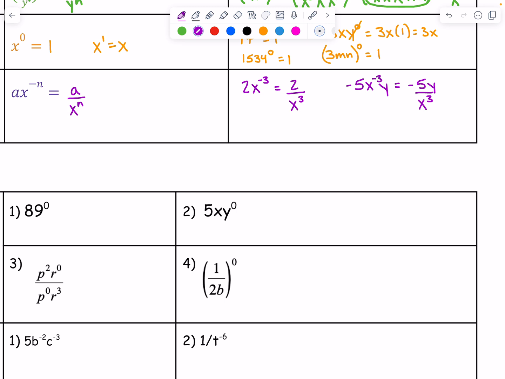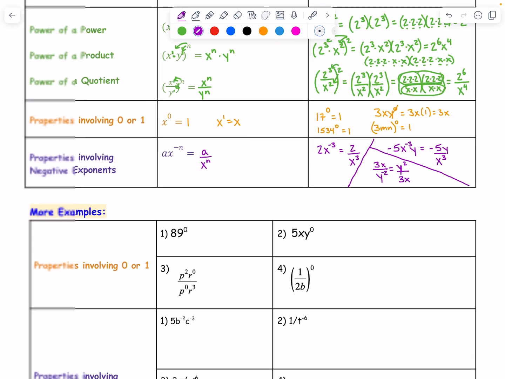Another example would be if you have 3x over y to the negative 2 power. So let's say you started with a negative in the denominator, then you need to move it to the numerator. So that would become y squared over 3x. Now I was just drawing some lines to break up our examples so they don't get all crowded. But that would be it for now. So let's look at a few more down below.